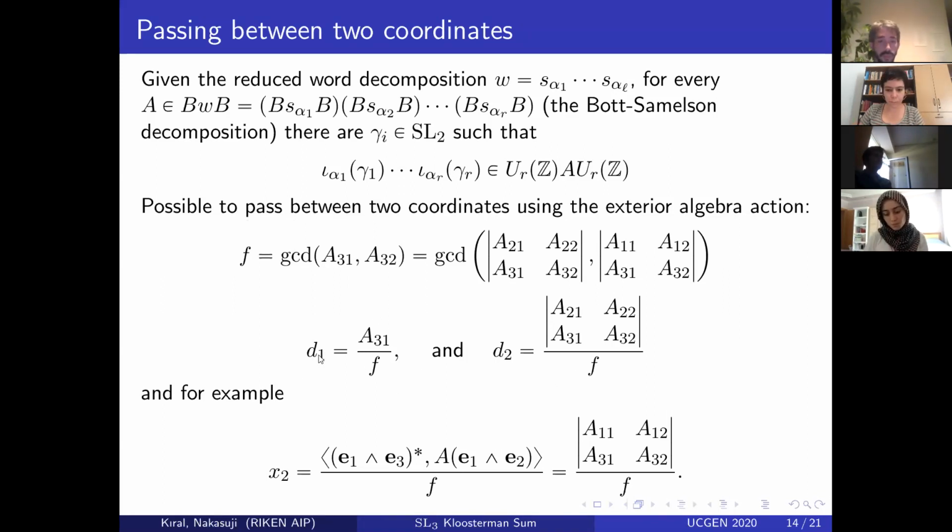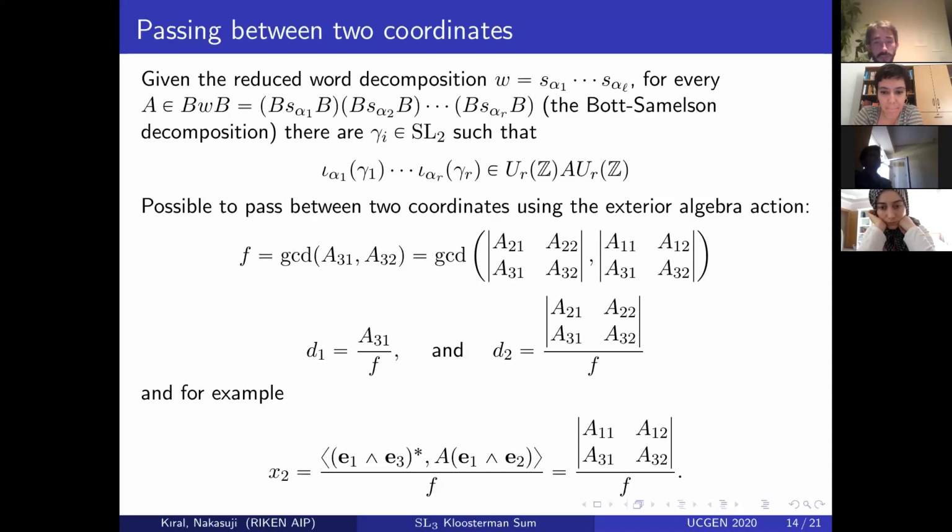And we have numbers. Like D1 can be characterized as this, D2 can be characterized as this, and you act A on the exterior algebra of the standard basis elements. You get X2 if you like. So there are two ways you can do this. If you assume the coordinates of A, the entries of A, you get a minor.